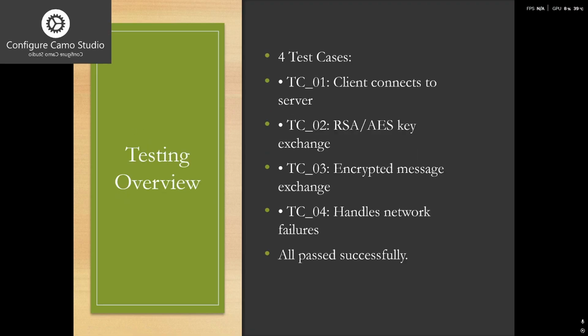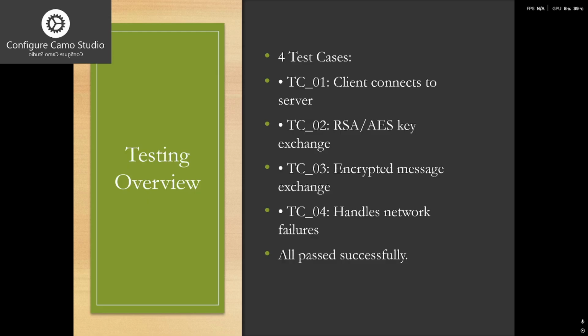We conducted thorough testing based on the software test document and mapped our tests to the requirements from our SRS document. We performed four key test cases. The first one was client connection. We confirmed that the client connects to the server correctly. The second, the key exchange: we verified that the RSA and AES keys are exchanged securely.